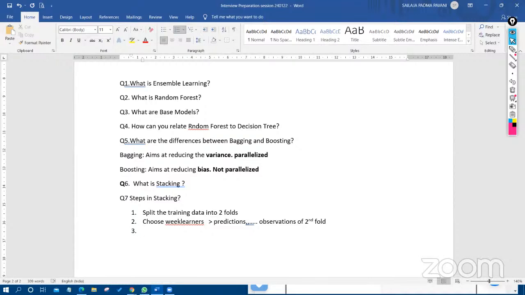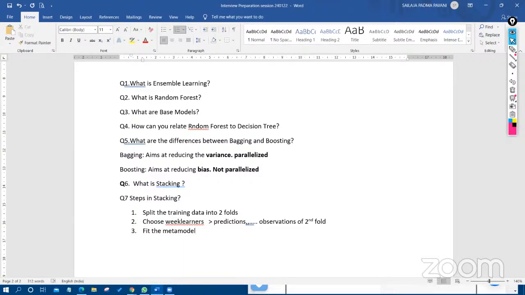Then you have to fit the model for the second fold. Fit the meta model on this second fold, and predictions should be done.